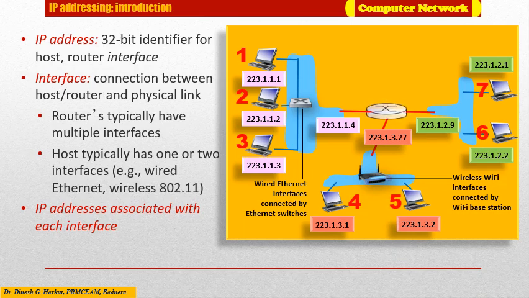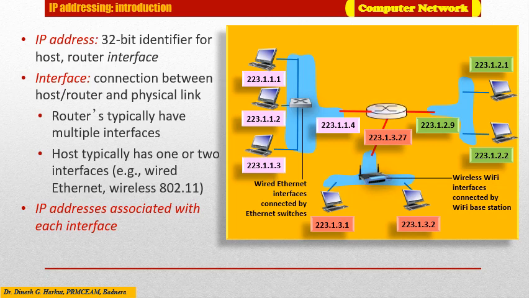The first 3 hosts in the left portion and the router interface to which they are connected all have an IP address of the form 223.1.1.xxx.